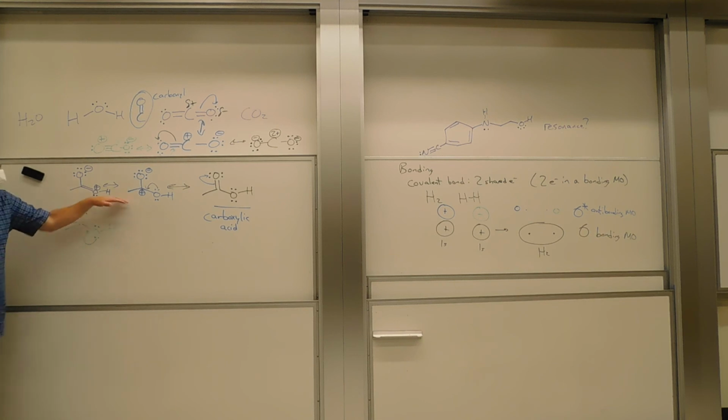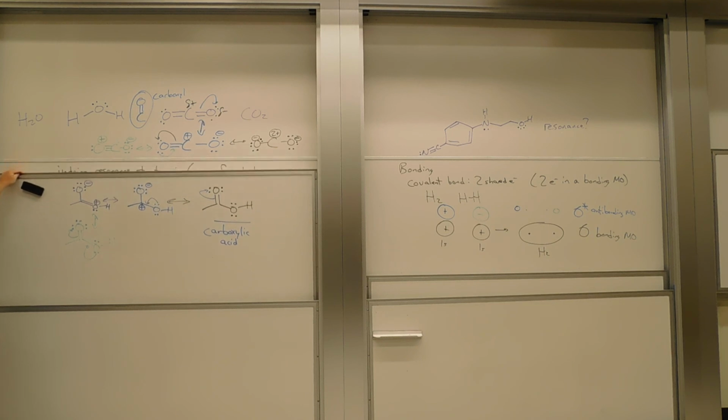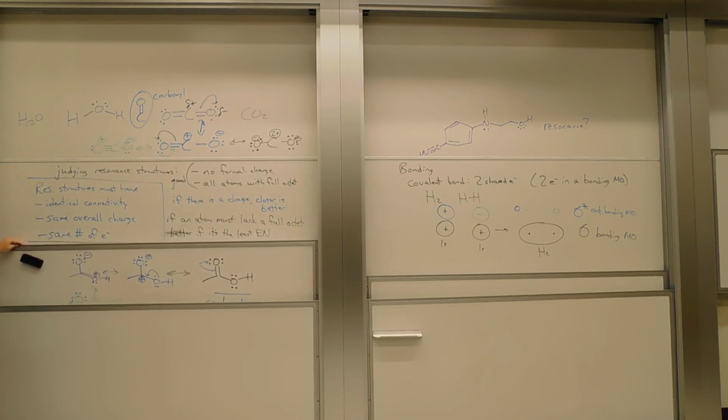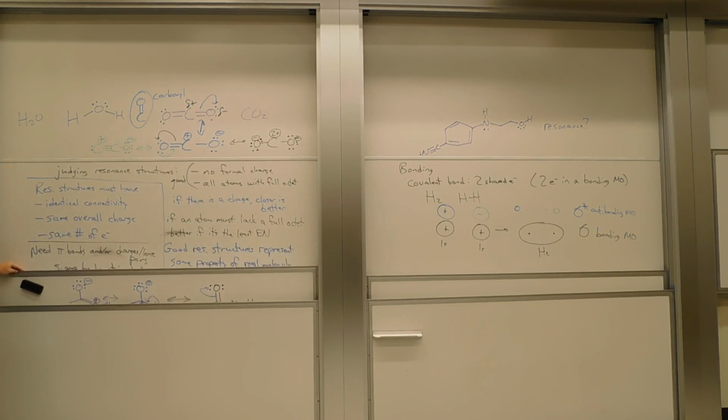What do you guys think? Blue or purple? A lot of blues. Why is that? Charges are closer. If an atom must lack a full octet, better if it's the less electronegative.